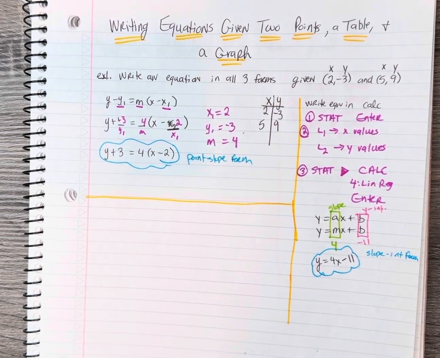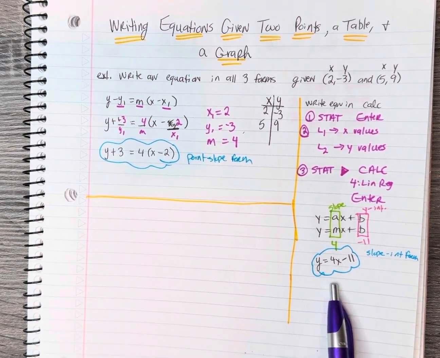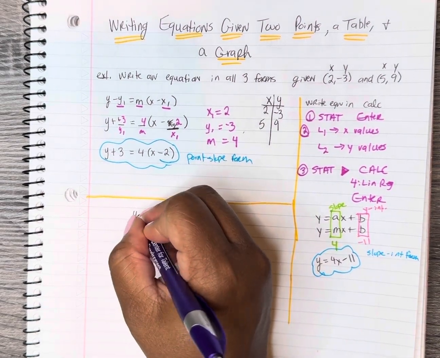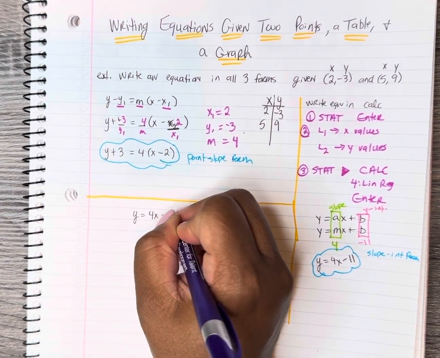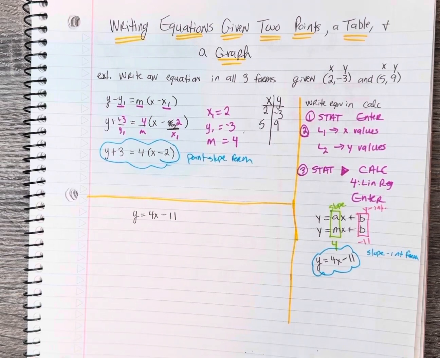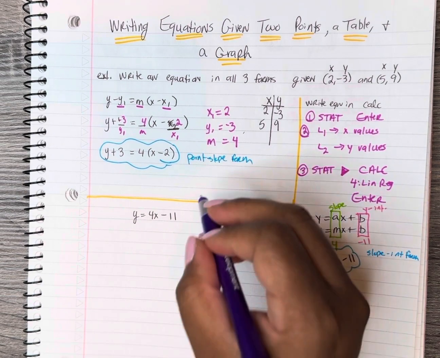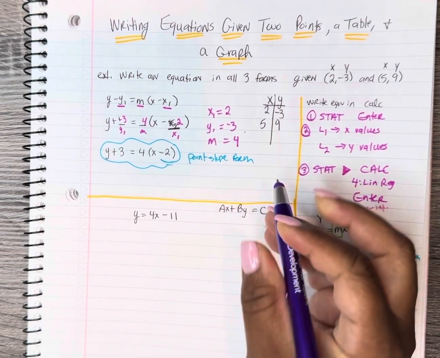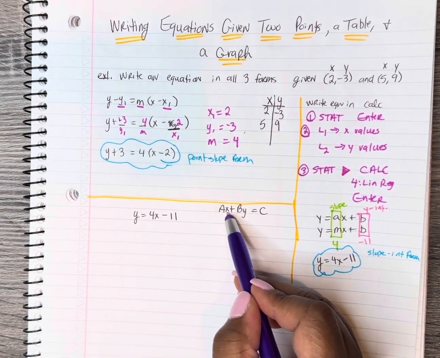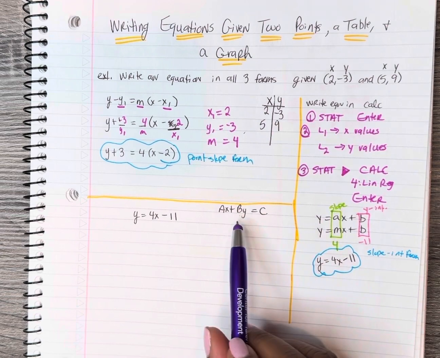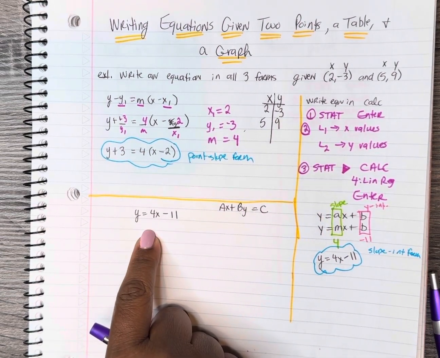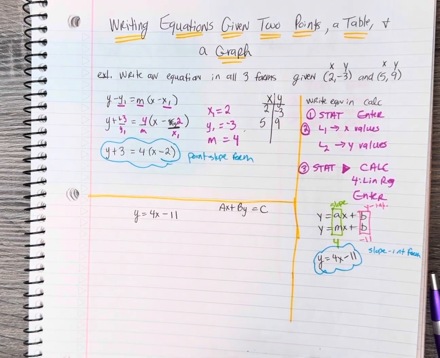Now to find standard form, we're still going to use the equation that we created in the calculator. The y equals 4x minus 11. Don't forget that standard form is ax plus by equals c, where the ax term is on the left side of the equation right along with the y term. So that means in this equation that we were given, this was slope-intercept form.